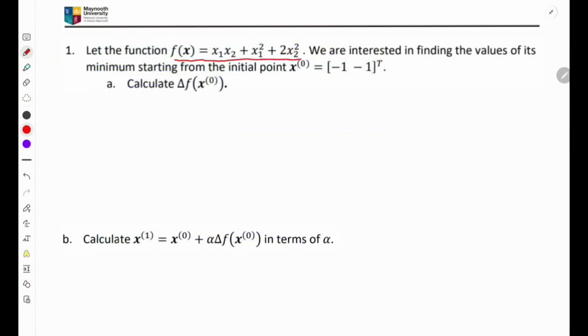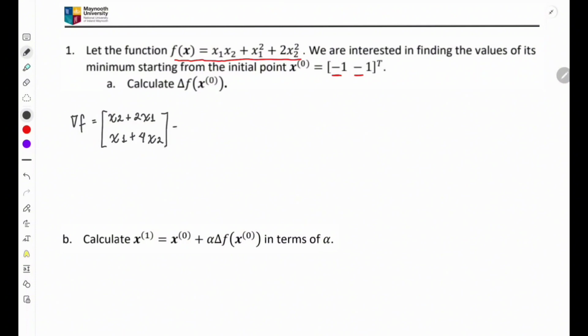So now let's do it again with the same function, but we're going to change our initial guess. Our starting point now is negative, so it's -1 and -1. So for letter A, we need to get our gradient in the same way we get the derivative. We have the same original function, so here we have the same gradient.